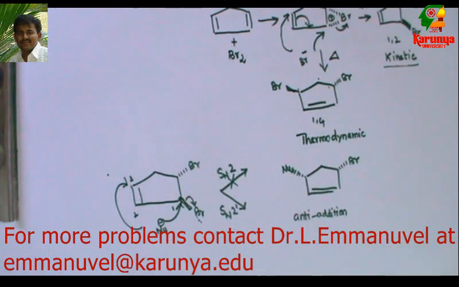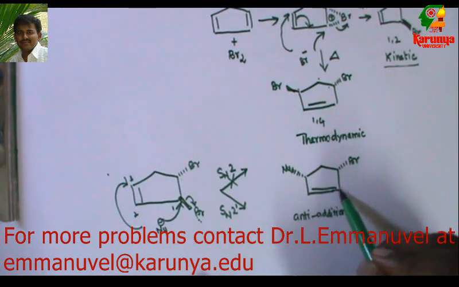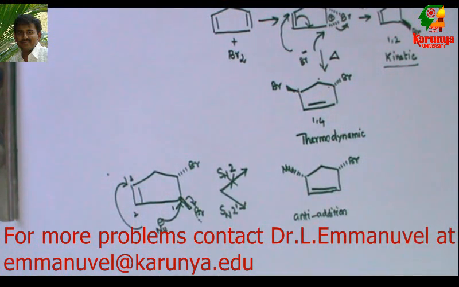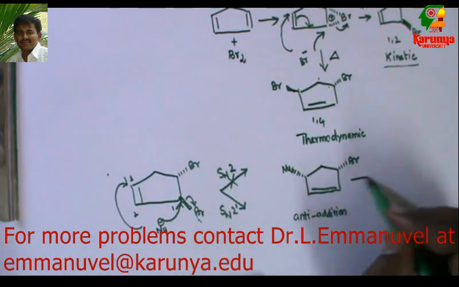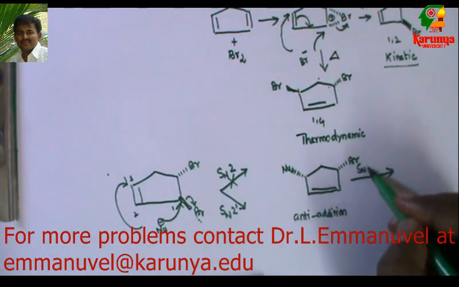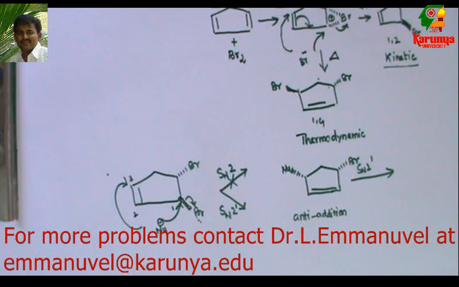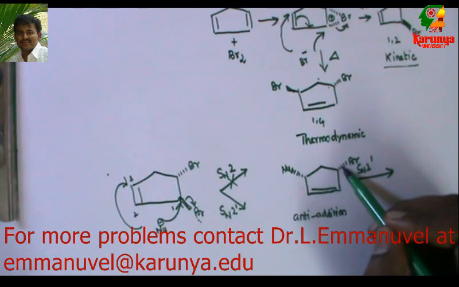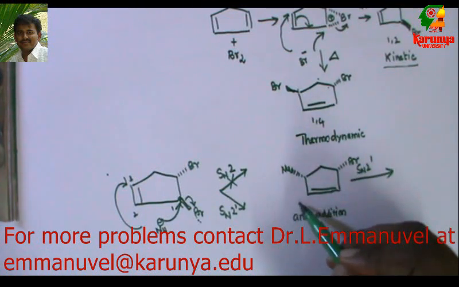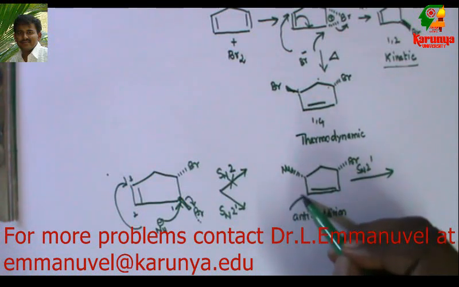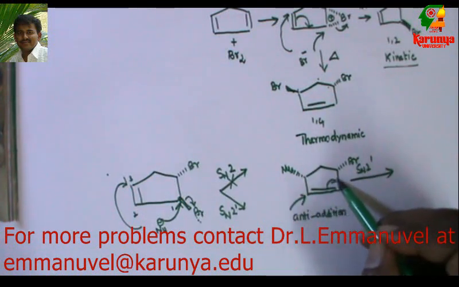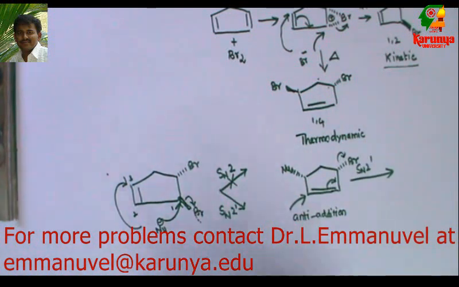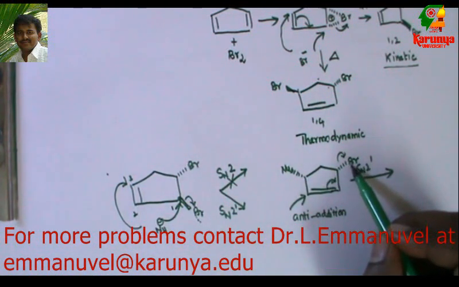Now look at this molecule. Once again it is allyl bromide. So this also can undergo SN2 prime mechanism. Now since the leaving group is thin line, the nucleophile should be thick line. Nucleophile attacks here from the direction opposite to this leaving group.